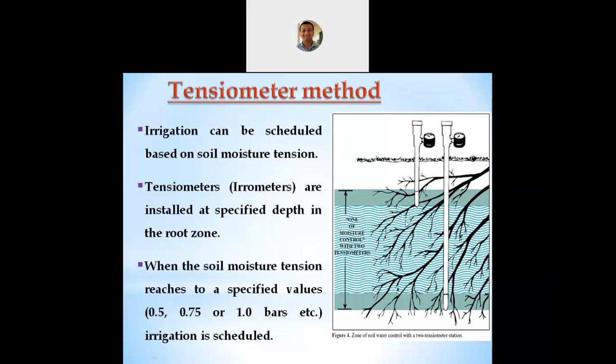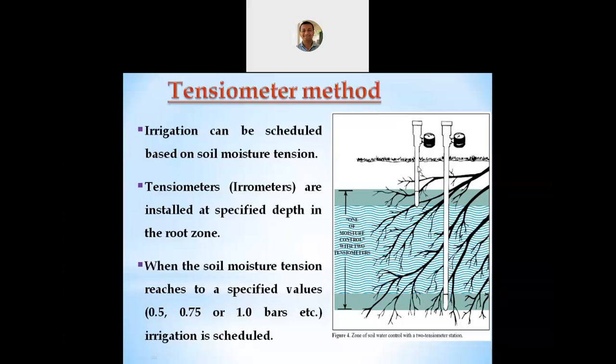Now, based on the moisture content of the surrounding soil, as this ceramic cup is porous in nature, there is an interaction of water. So if the soil condition around the ceramic cup is drier, water will flow out from the ceramic cup into the soil.